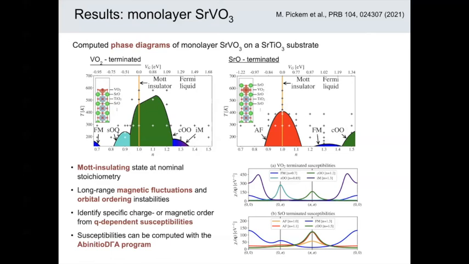So here you use it to calculate two-particle susceptibilities, right? So you calculate those susceptibilities, but these are susceptibilities within DMFT. It's not the DΓA susceptibilities, but it's Q-momentum dependent susceptibilities within DMFT. This is, I think, how this needs to be looked at.